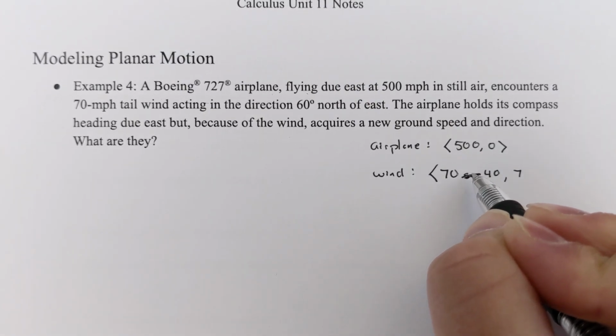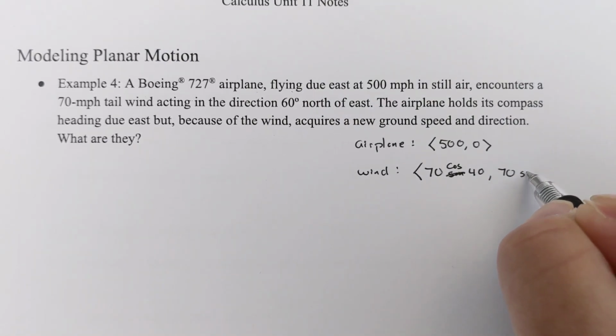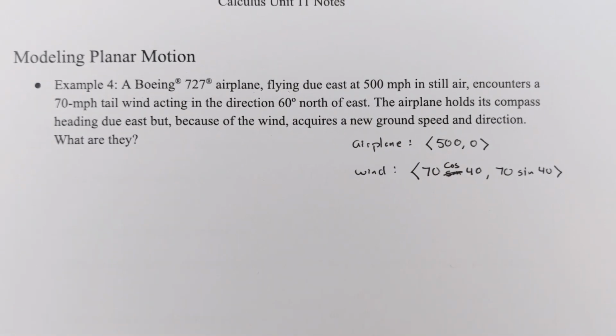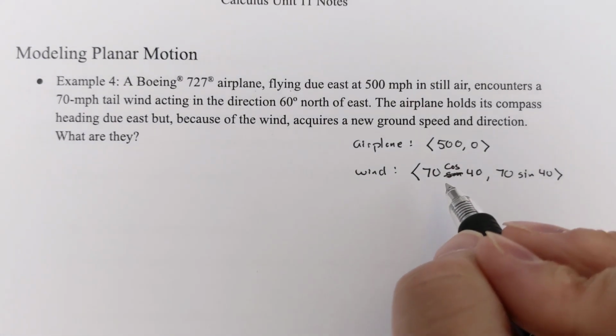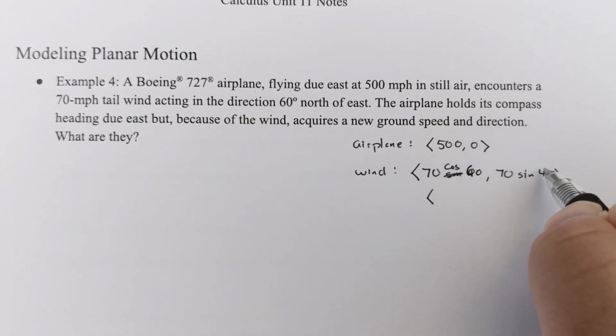Whoops, nope. Horizontal first, so cosine. And then 70 sine of the angle. So let's see here. Oh, I said 40. It's 60 degrees.